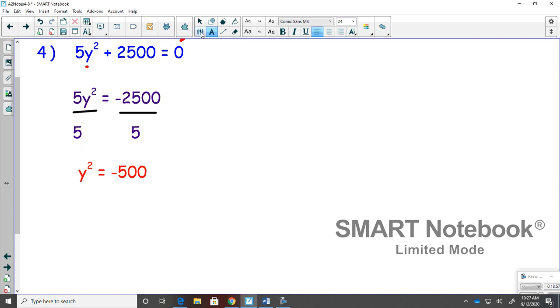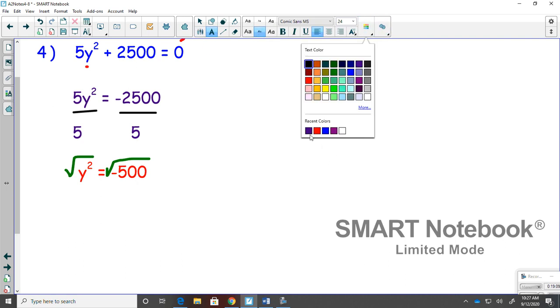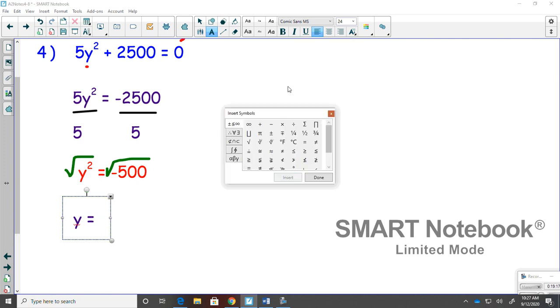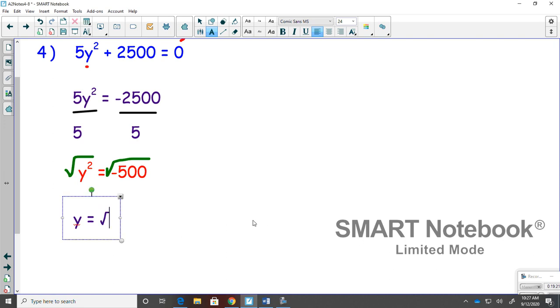Okay, next step, we still need to get rid of the power of 2. So we're going to do the opposite of squaring, which is taking the square root of both sides. Okay, y is going to be left by itself, which is what we want. You're going to then have the square root, and you're going to have a negative 1, and then times 500.